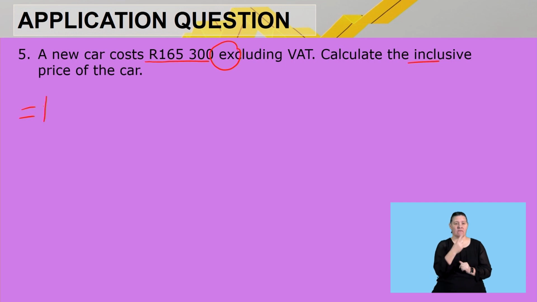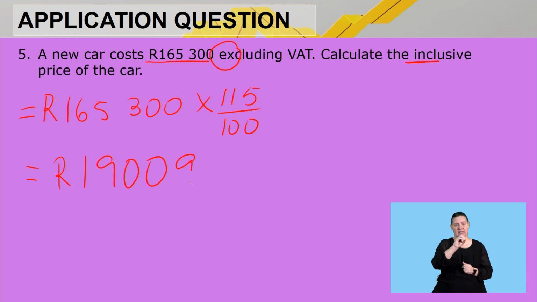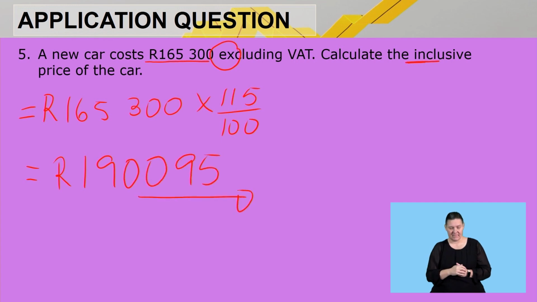So we have 165,300, which will be multiplied by the formula that we use for VAT inclusive, 115 over 100. This gives us a total amount of 190,095. So this is the total amount I'll be paying if I want to purchase this car.